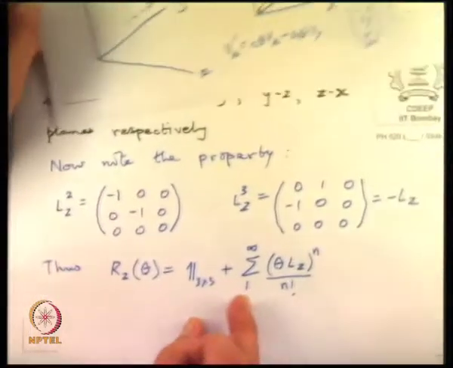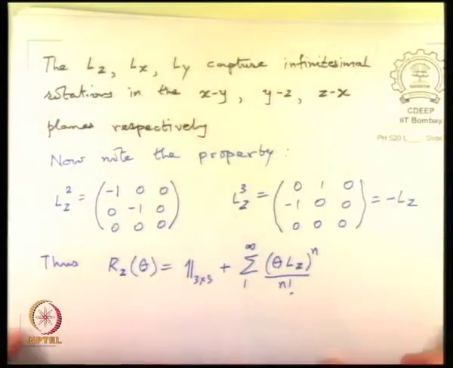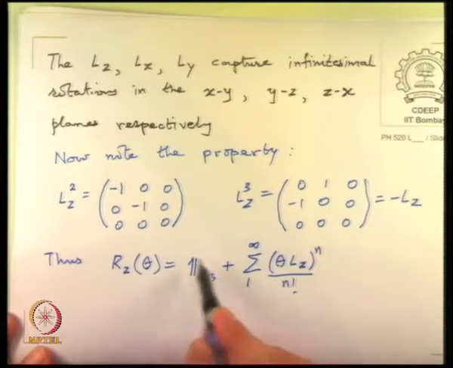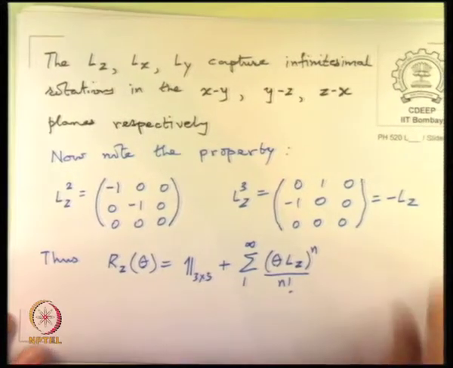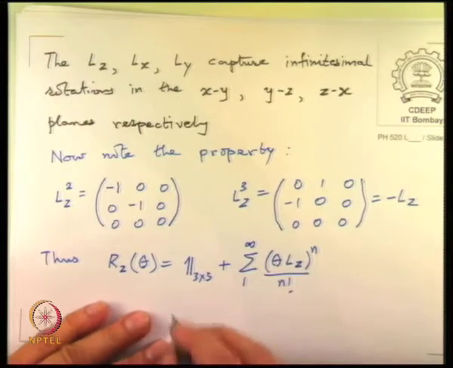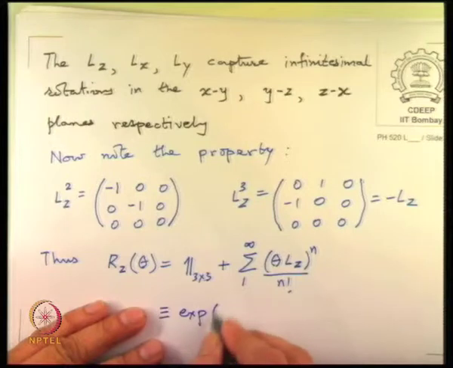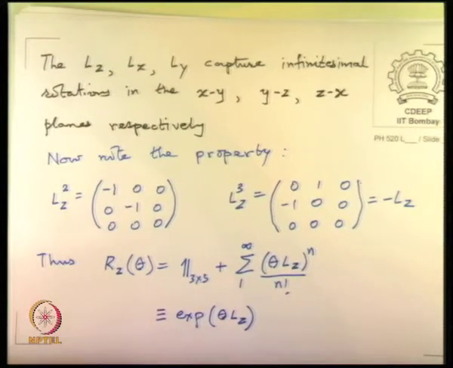So Rz theta is just equal to the power series of theta Lz to the n over n factorial, with a 3 by 3 identity matrix added. Knowing the infinitesimal Lz, we sometimes denote this symbolically as exponent of theta times Lz, where this is now a matrix exponent.